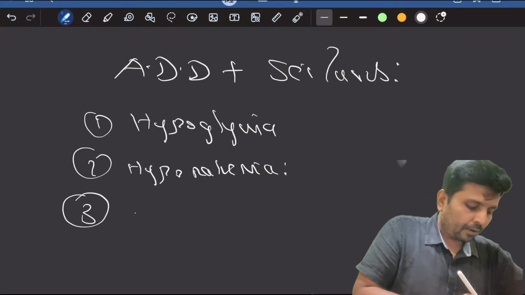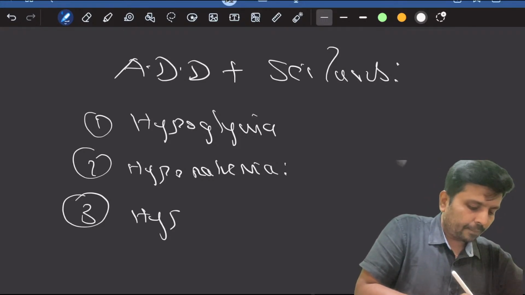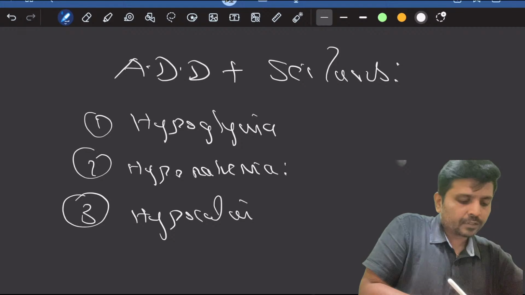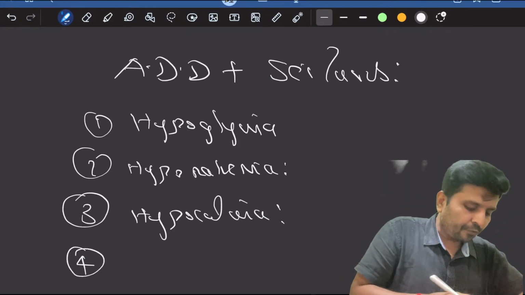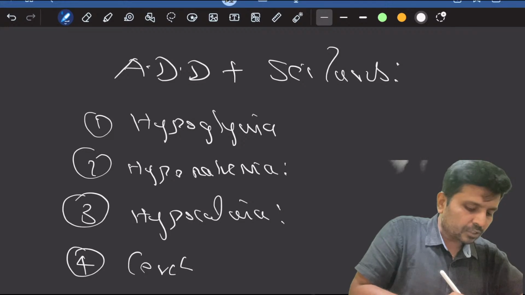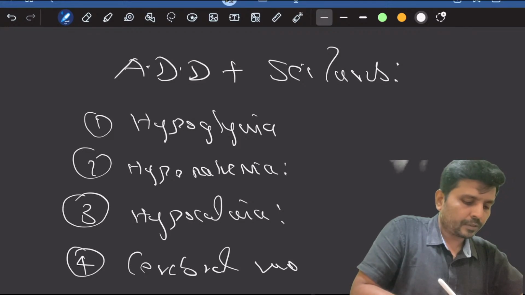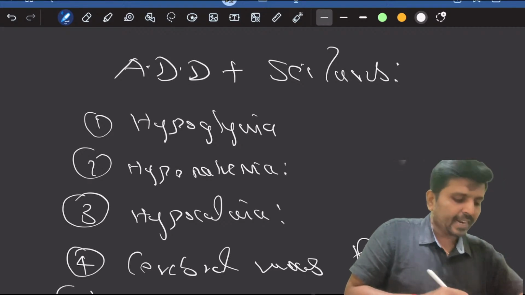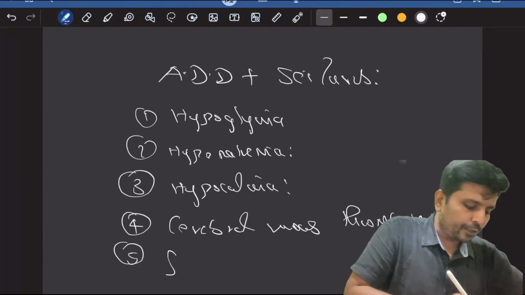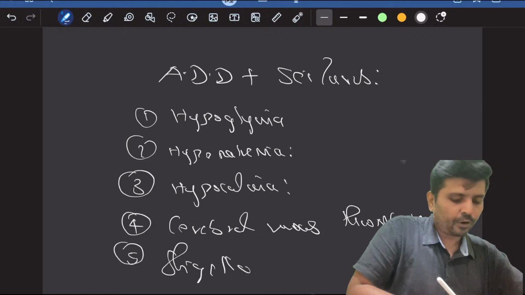Even you can have hypocalcemia, which occurs when you give bicarb for acidosis. 4. Cerebral venous thrombosis. And finally, it can also be due to Shigella encephalopathy.